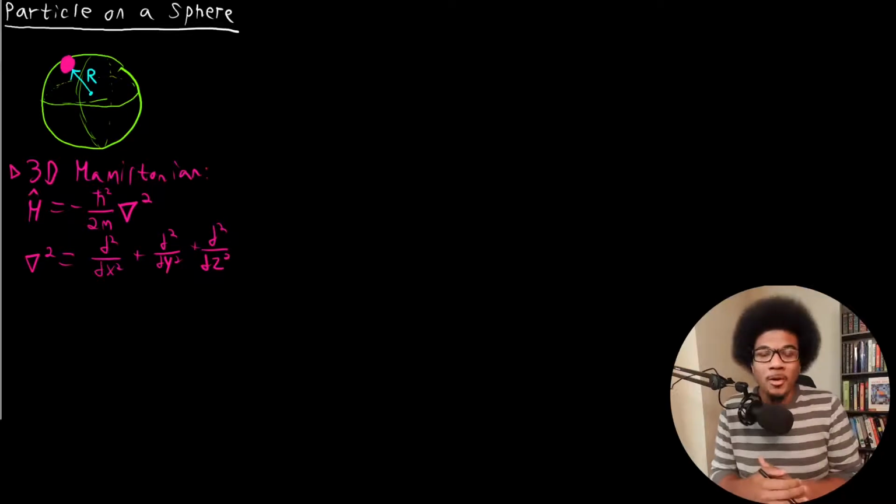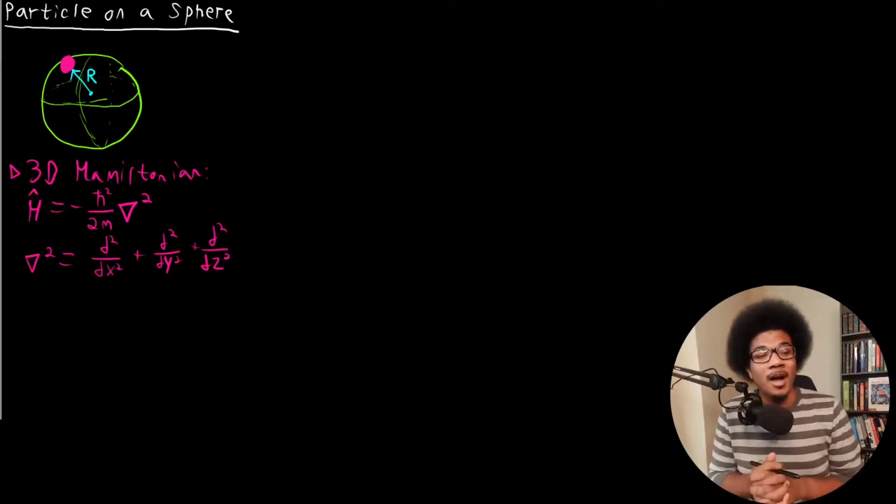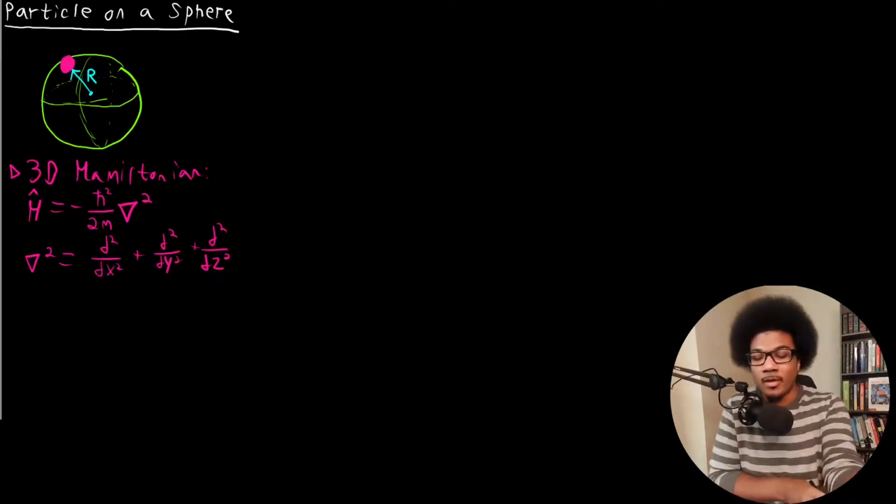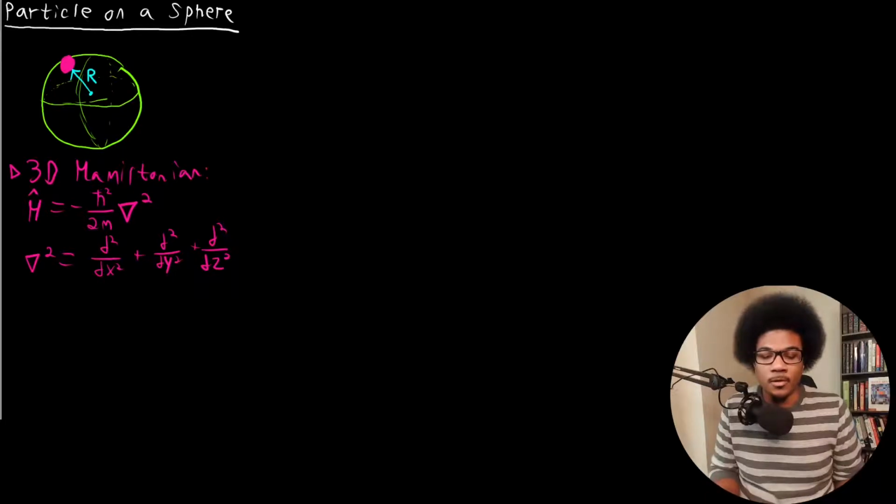All three coordinates play a role here. But we're not going to stay in Cartesian coordinates. We are going to go to spherical polar coordinates, because it's way more natural to discuss problems of rotation in those terms.